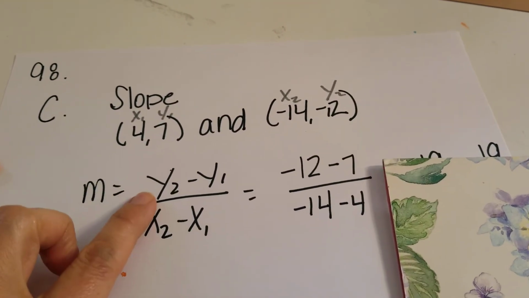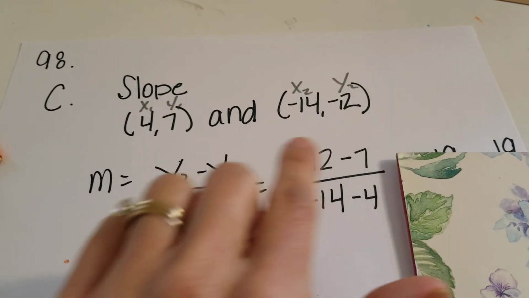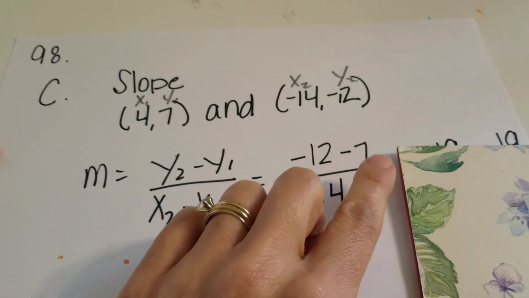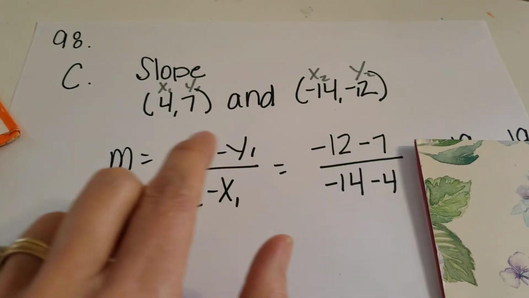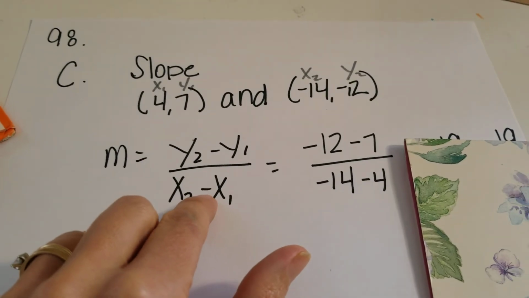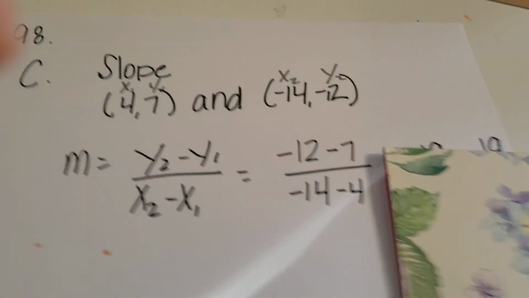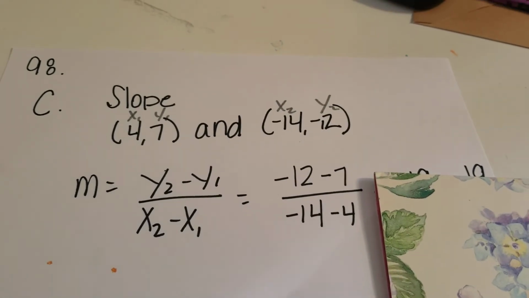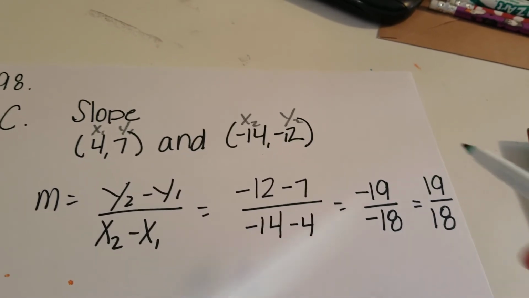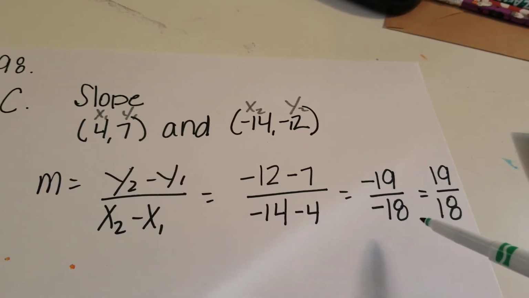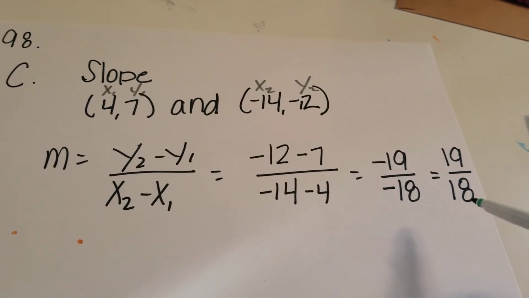Then y2, -12, minus y1, which is 7, over x2, -14, minus x1, which is 4. So -12 minus 7 over -14 minus 4, which is -19 over -18. I can simplify the two negatives and I just get 19 over 18.